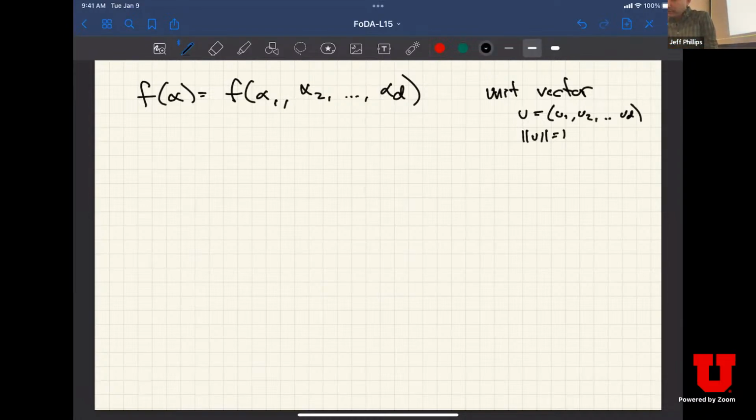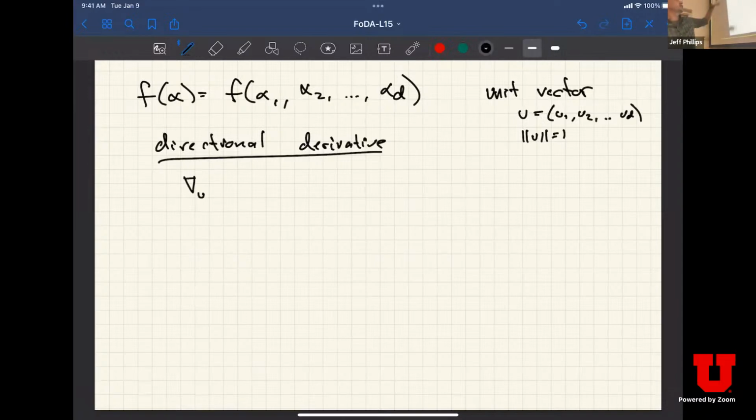Okay, and then we're going to define the directional derivative as follows. This upside down triangle is called a nabla symbol, N-A-B-L-A, and this is the derivative in the direction of u at the location alpha.